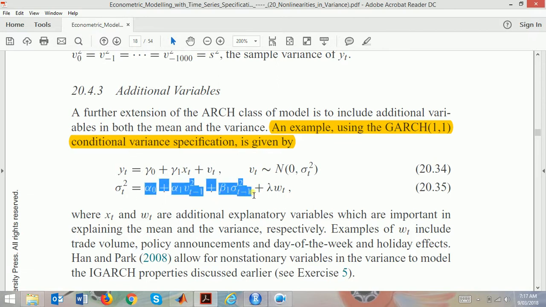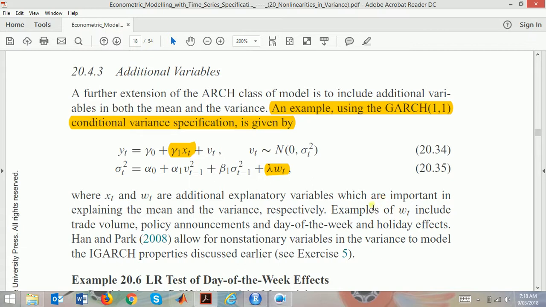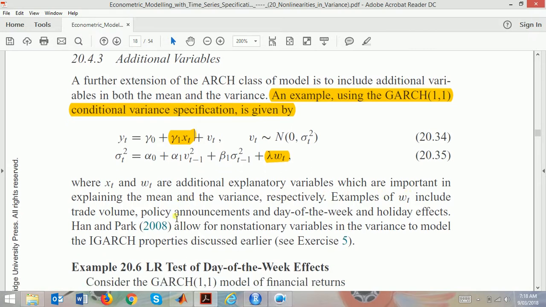This is an additional variable. Now I'm adding another variable. I have a GARCH 1, but delta wt is being added. That is the difference from the previous discussion, where xt and wt are additional explanatory variables which are important in explaining the mean and the variance respectively. So this explains mean, this explains variance.